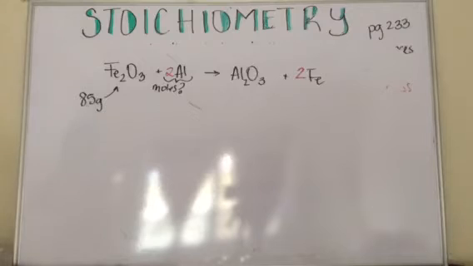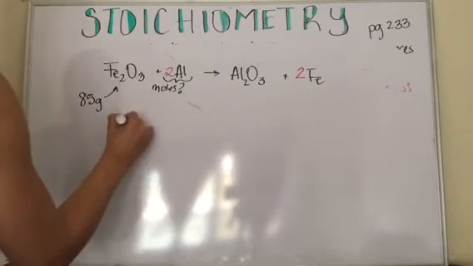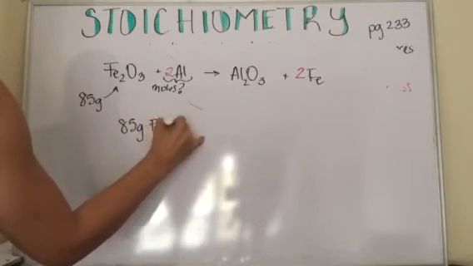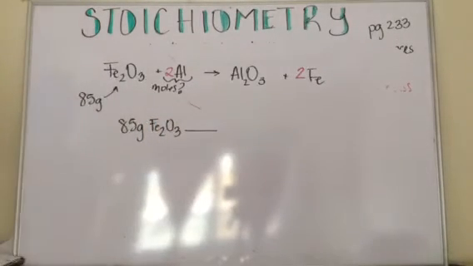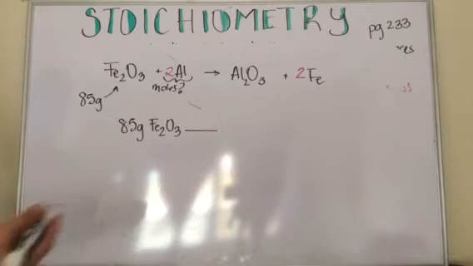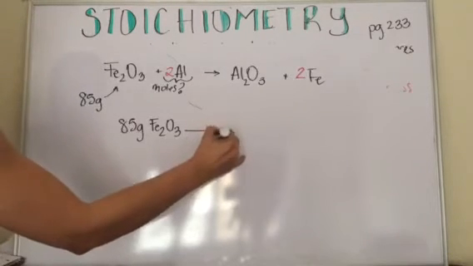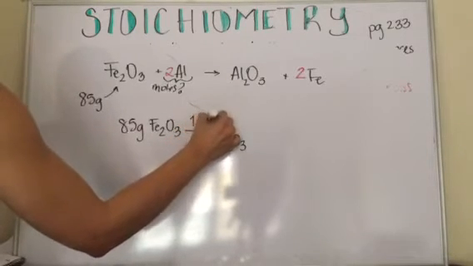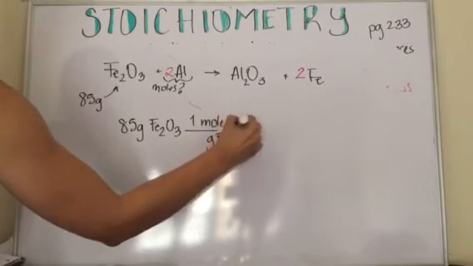All right, so this one's a little bit more complicated than the last one, because when it's grams to grams, it's really easy, and moles to moles, it's really easy. But when we have it combined, it gets a little bit harder. So let's start. 85 grams of Fe2O3. How do I eliminate grams and pass it to moles? Do you guys remember? Grams of Fe2O3 equal to 1 mole of Fe2O3.